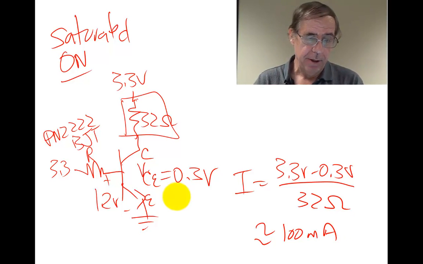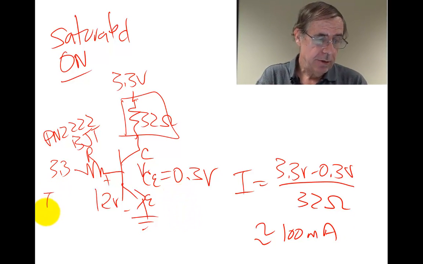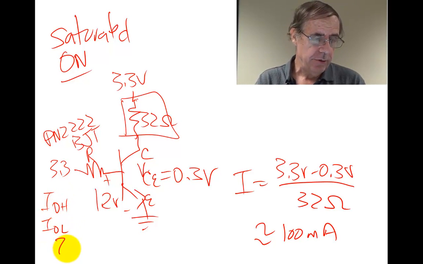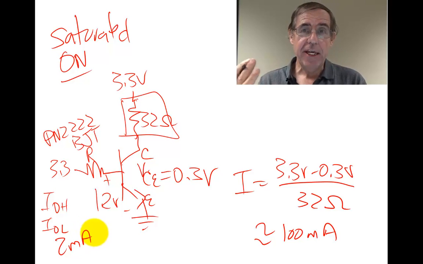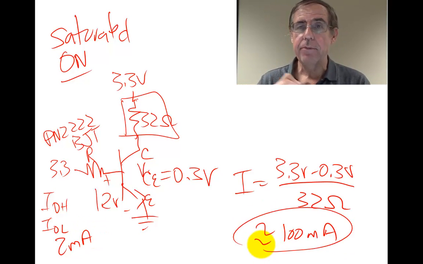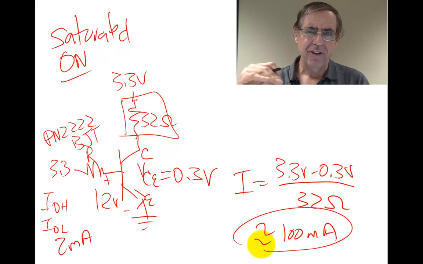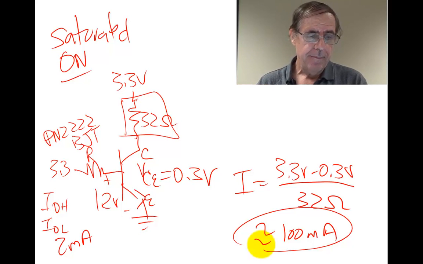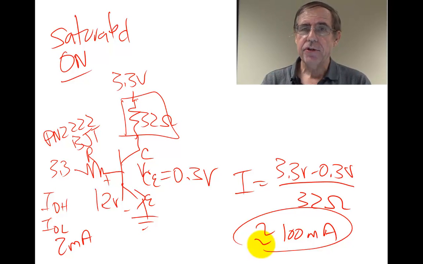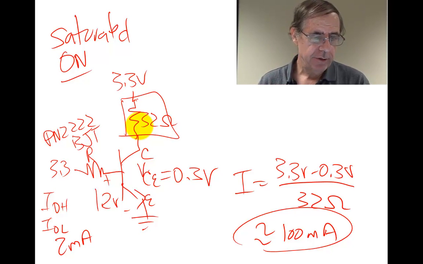Remember, the IOH and IOL of the microcontroller was only 2 milliamps, and even in 8 milliamp mode, there was nowhere near the 100 milliamps needed to fully energize this speaker. So the interface was required, and we're using a saturated mode BJT to do that interface.